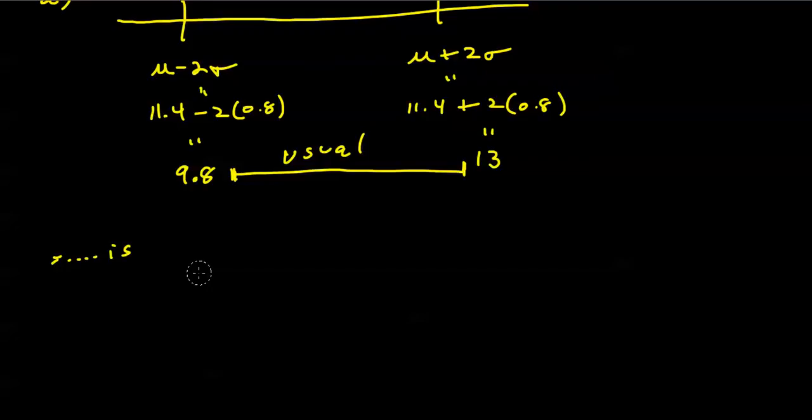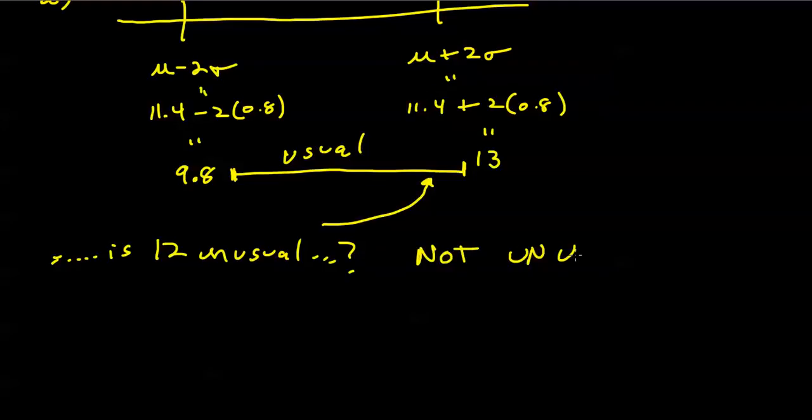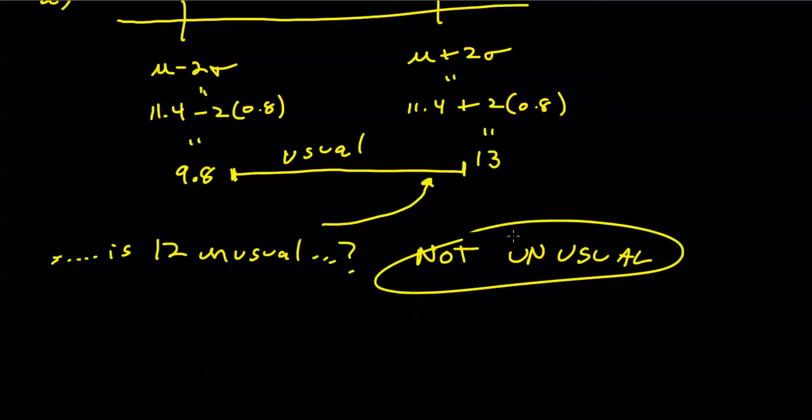Is 12 an unusual number of people to recognize McDonald's? Well, according to these milestones, clearly not. 12 falls short of that unusual range, so I'll say not unusual. That would be my answer to part B.